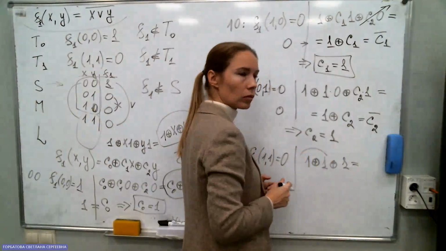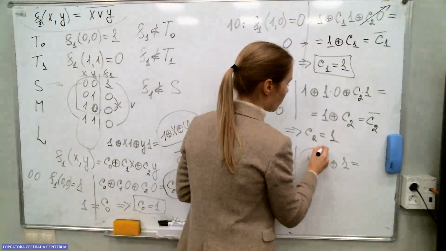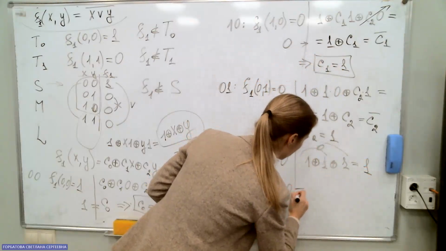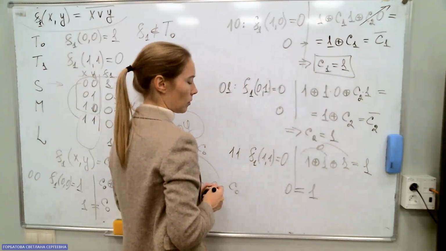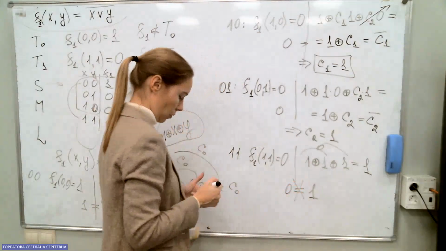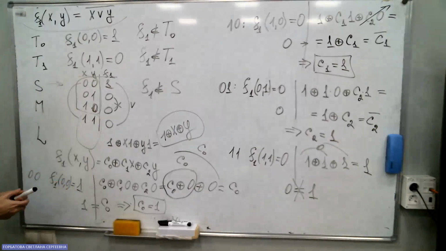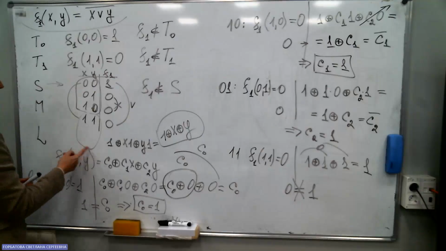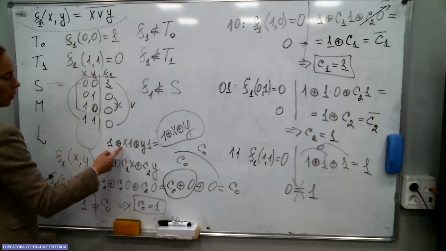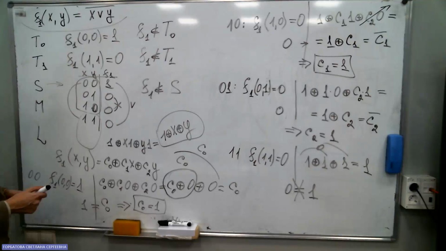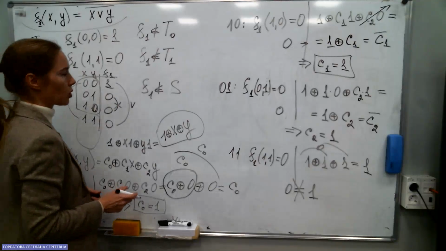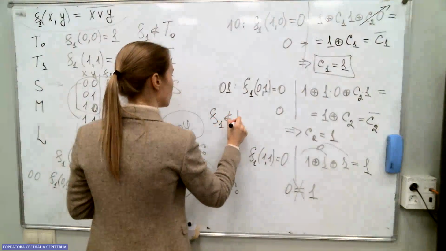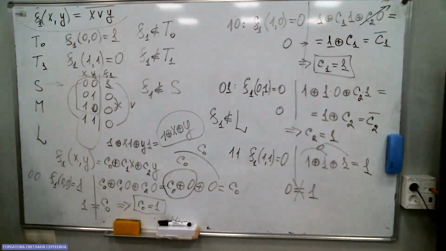It is 0, 0, and this is 1. So 0 equals to 1. It is wrong. So it's not possible to present our function in this particular linear combination. It means that function f1 doesn't belong to the linear class.